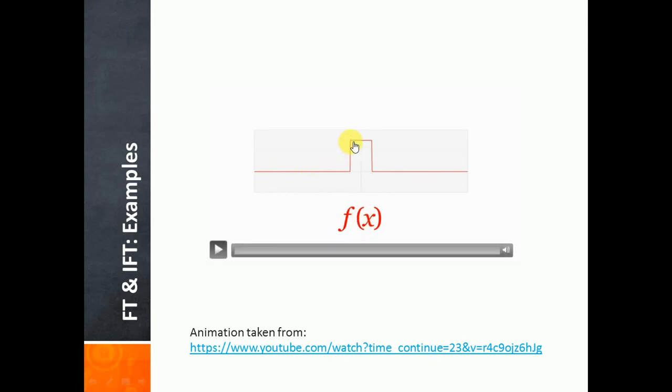And what you'll see here is that we're trying to match what kind of sinusoidal signals collectively make up this type of signal, and what are the frequencies and which amplitudes.